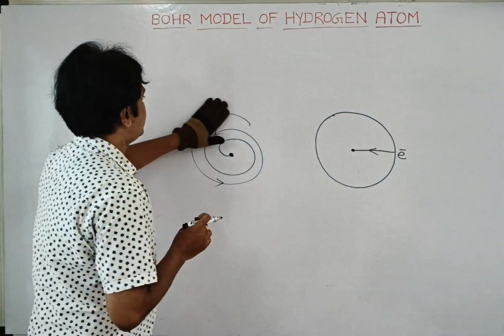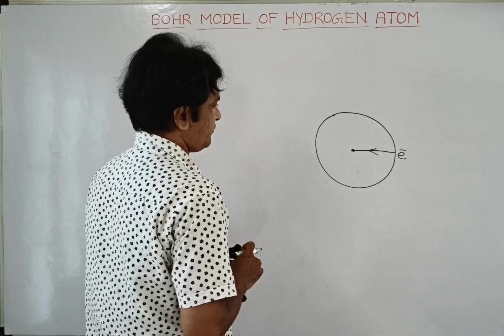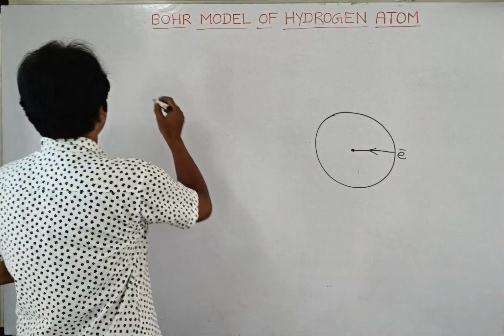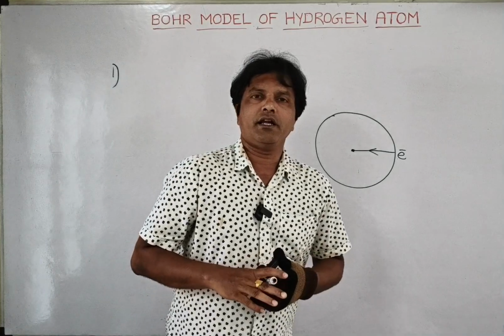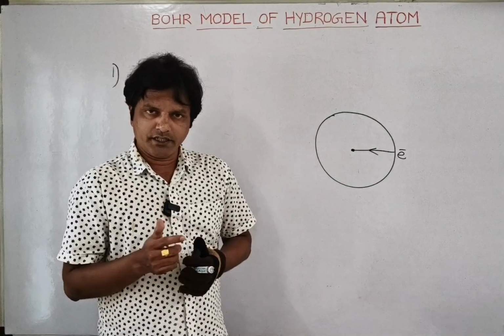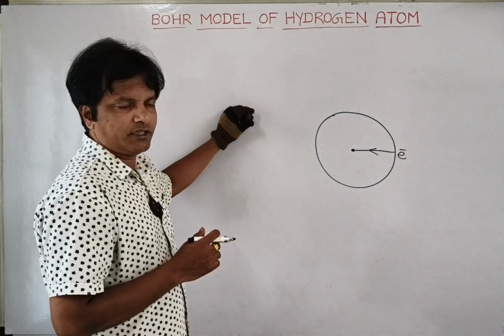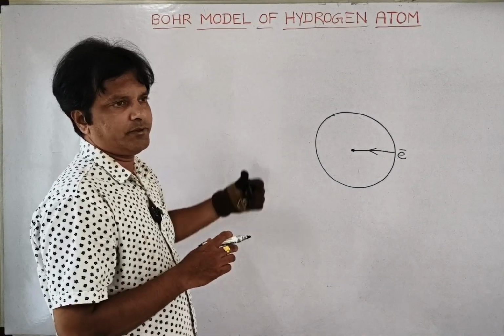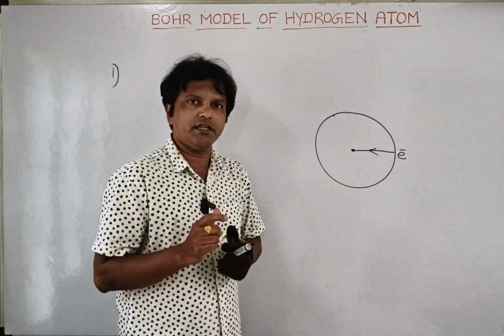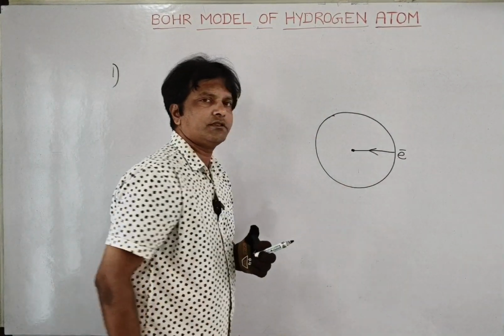Okay, so we see what are the three postulates of Bohr model. The first one is, as per Bohr model, the electron will be rotating in a circular orbit around the nucleus, and that particular orbit is a non-radiating orbit. That means the electron doesn't radiate any energy while rotating around the nucleus.